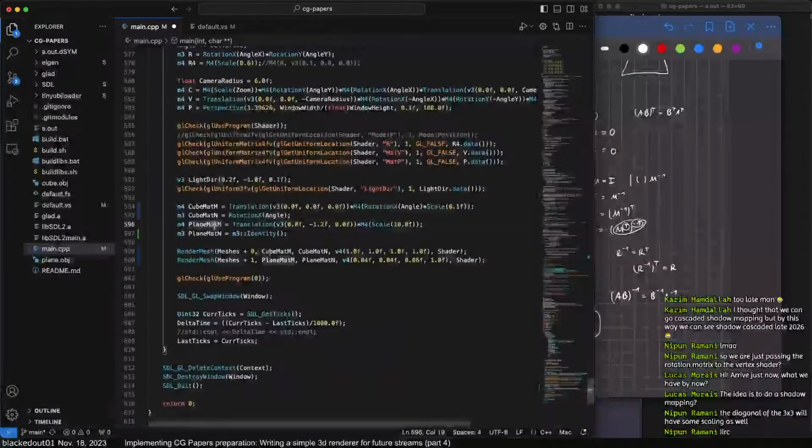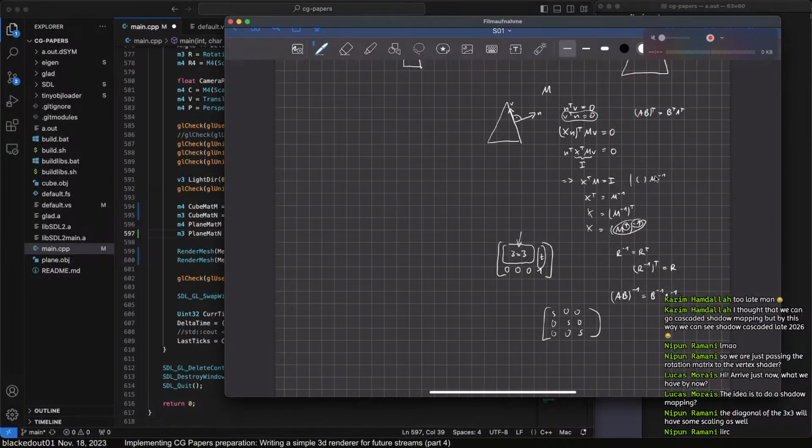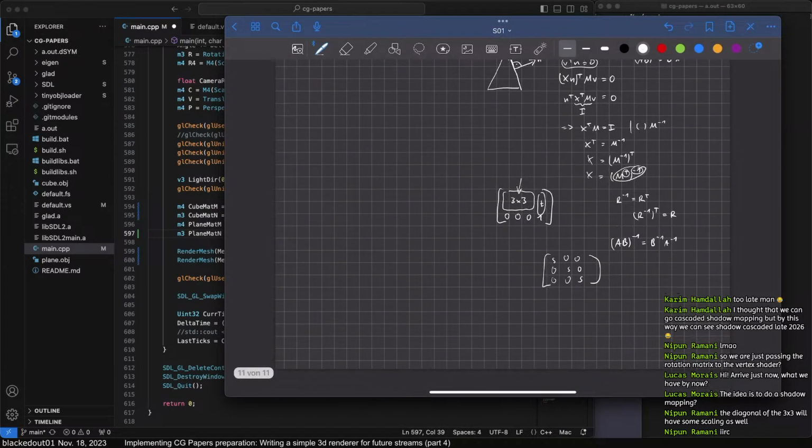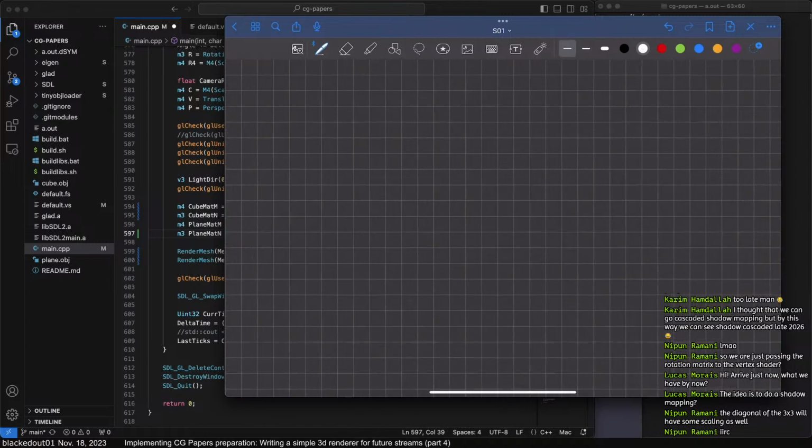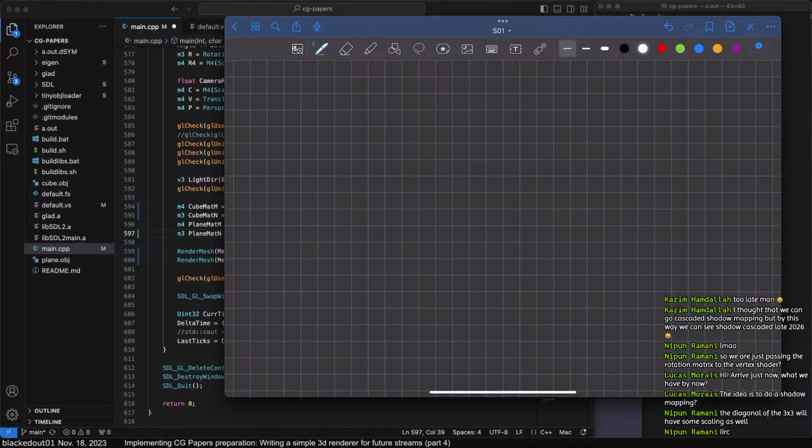Okay, so yeah, but now let's maybe get to the exciting part and talk about shadow mapping. Actually, the idea is really simple.